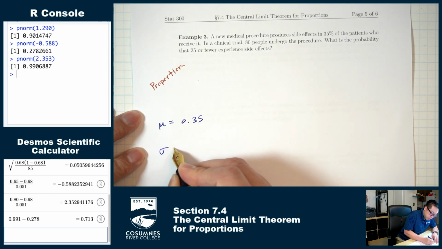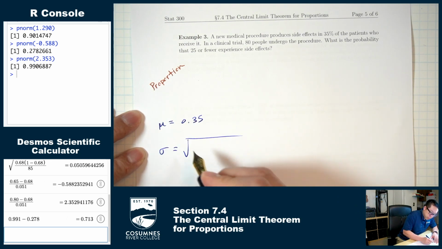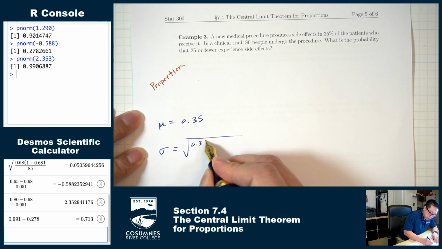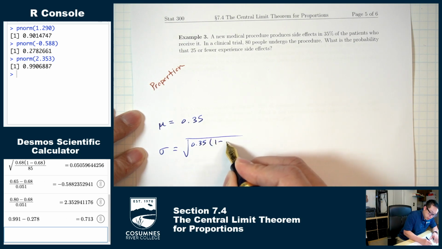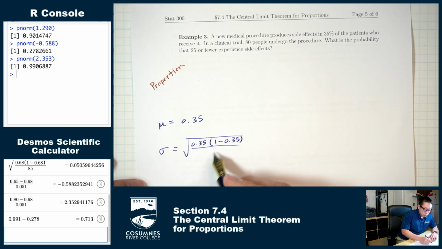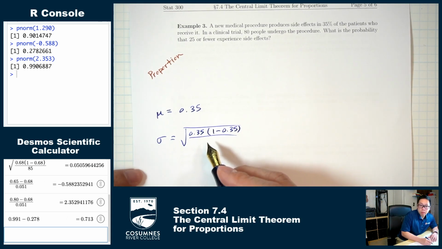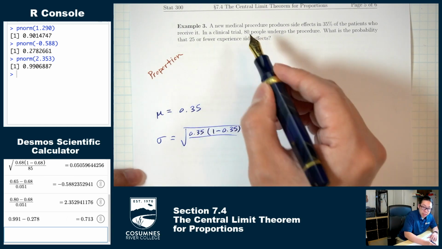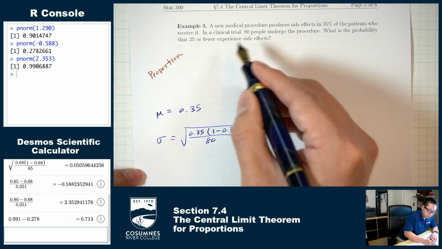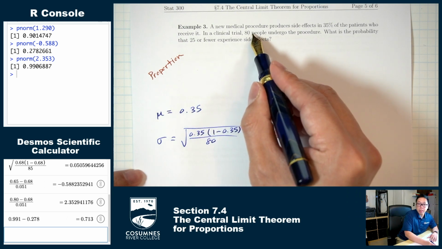Standard deviation, this is the square root formula. So p, 0.35, parentheses 1 minus p, 1 minus 0.35, over n, the sample size. So how many people total? 80. Not 25, the bigger number, 80.